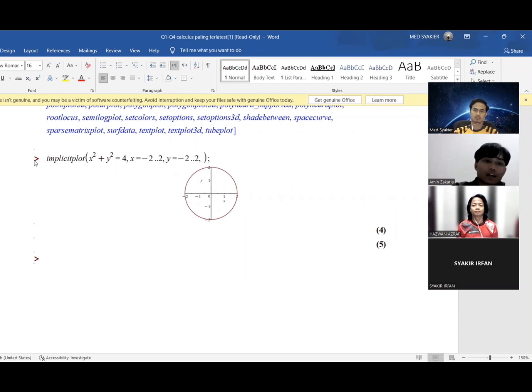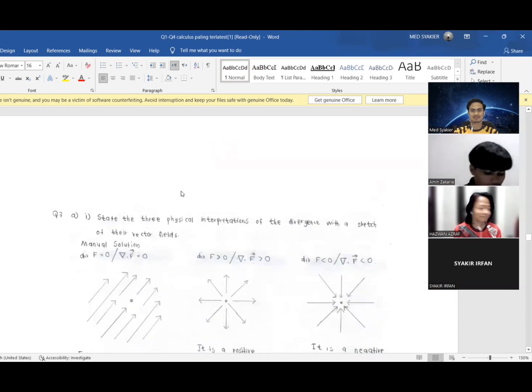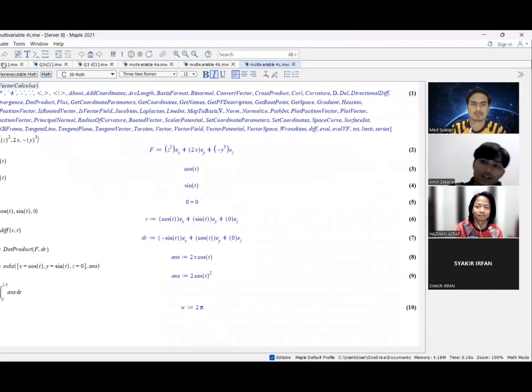So what we see right here is on the top of the graph, so you will get the shaded area. Just simply write that equation, x squared plus y squared equal to 4, and their limit, x equal to -2 to 2 and y equal to -2 to 2. So you will get the shaded area for that one. After that, you will calculate using manual calculation and you will get 12.25.